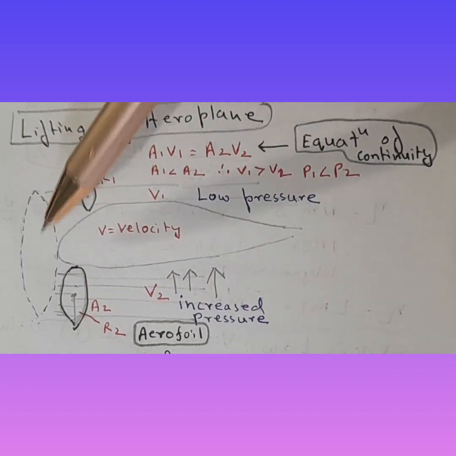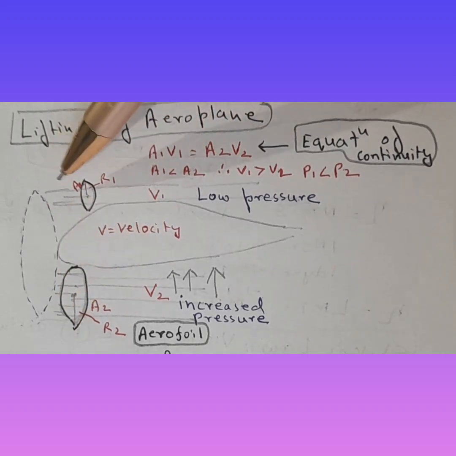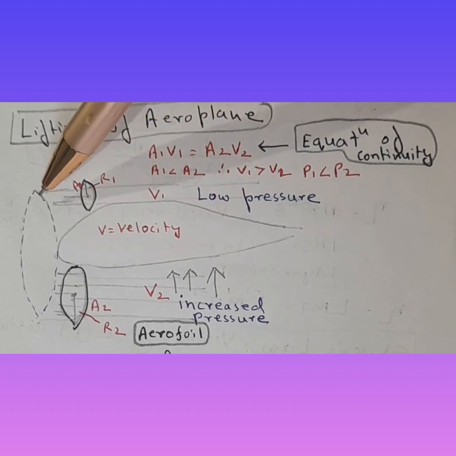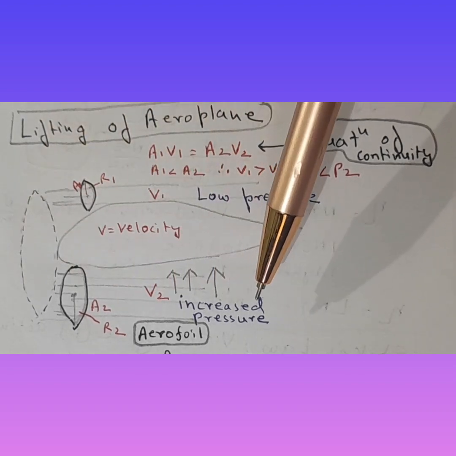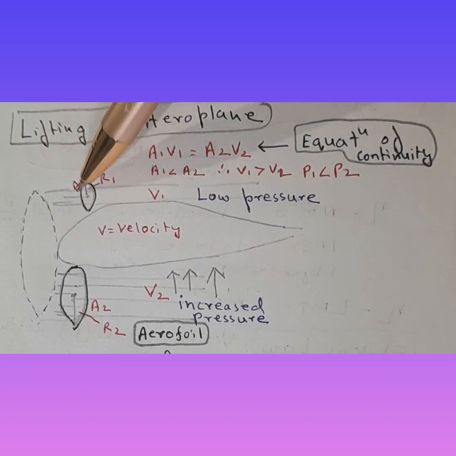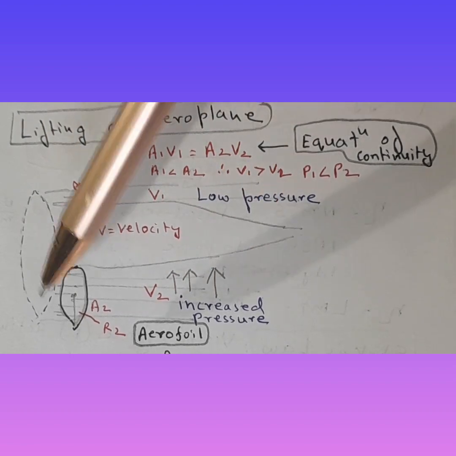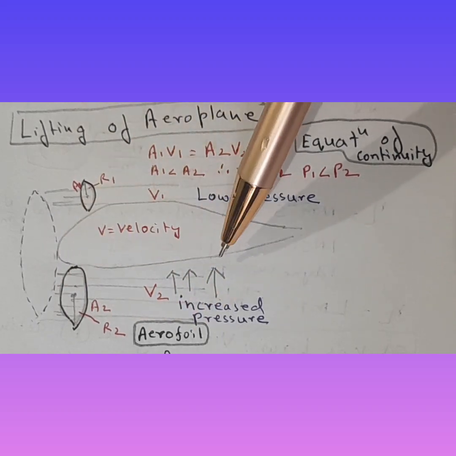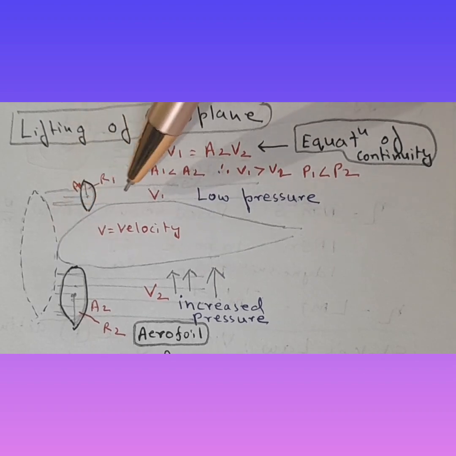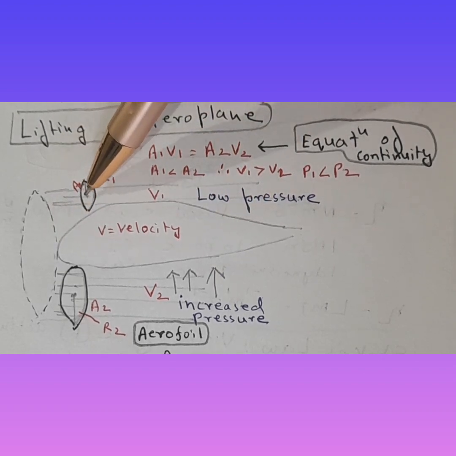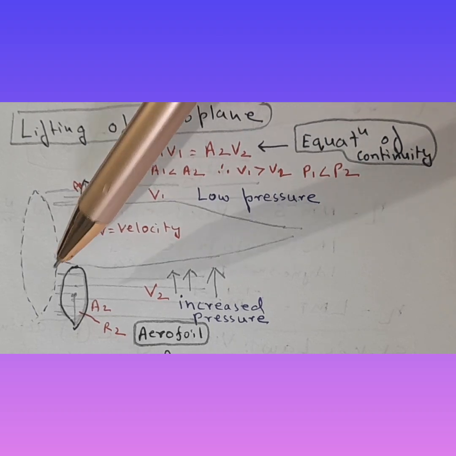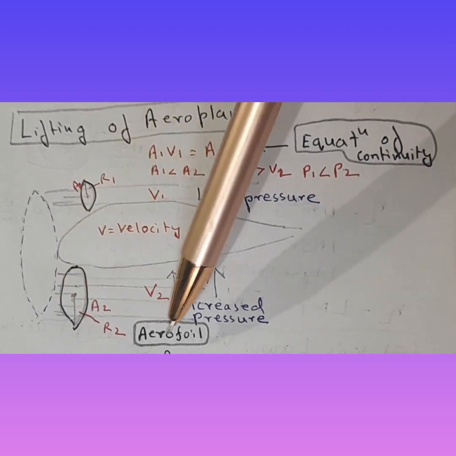The aerofoil is designed in such a way that the column of air that flows through it, if I make a tube over here and a tube over here, this is a bit flattened whereas this is elevated, owing to which the radius of this column is much lower than the radius of this column of air.